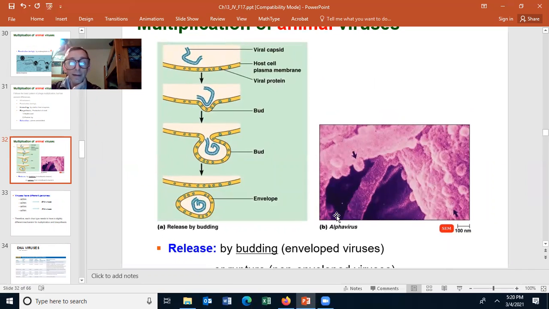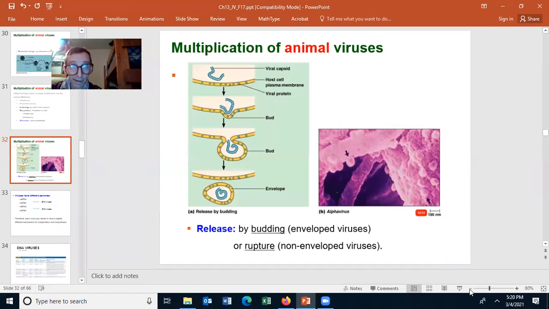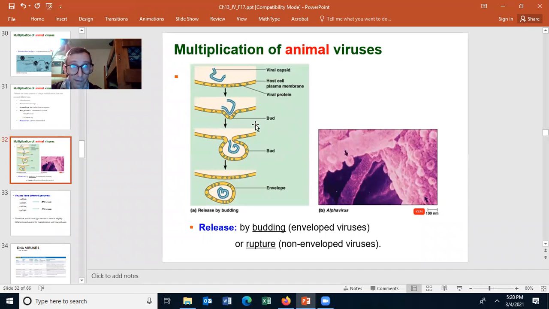I should mention that in the budding life cycle, the virus usually does not kill the cell. So that this cell here, that is shedding budding viruses, and this cell here too, I don't know if that's another cell or the same cell. Generally, the budding virus does not kill the cell.